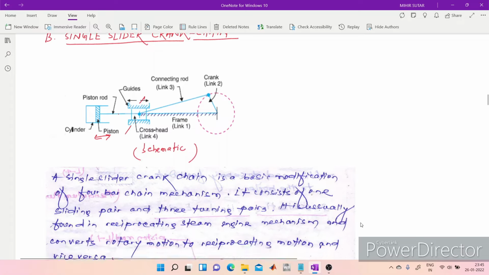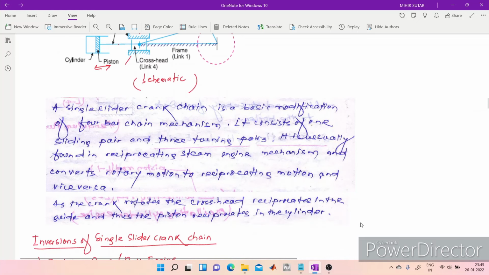So the single slider crank chain is basically a modification of the 4-bar chain mechanism. It consists of one sliding pair and 3 turning pairs. What is the sliding pair here?